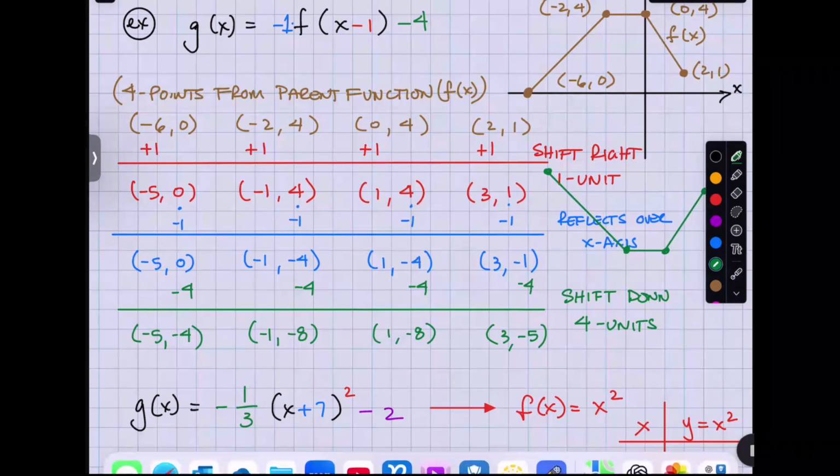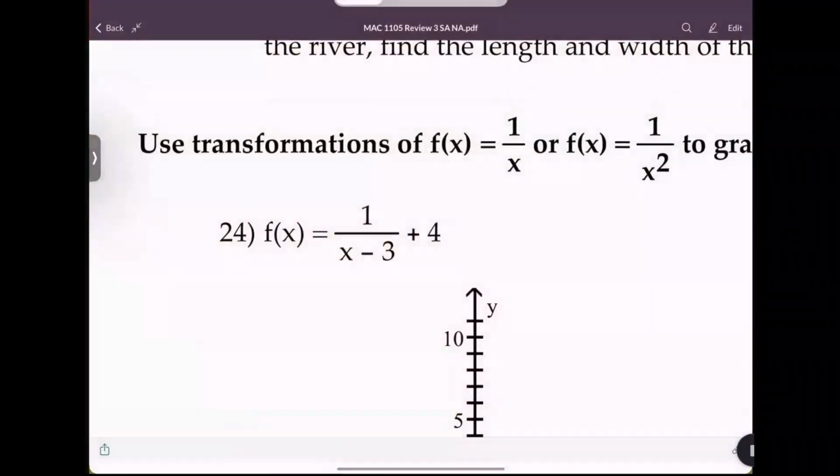Great. So, is the parent function 1 over x or 1 over x squared? Why is it 1 over x and not 1 over x squared? Because if you look at the denominator, is this term right here squared or to the first degree?